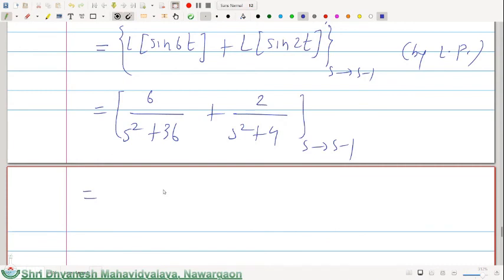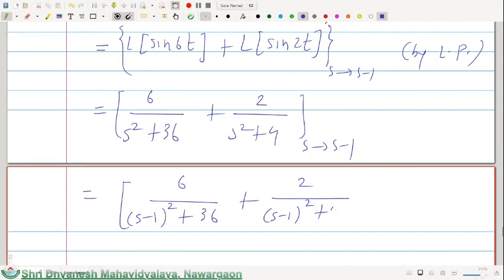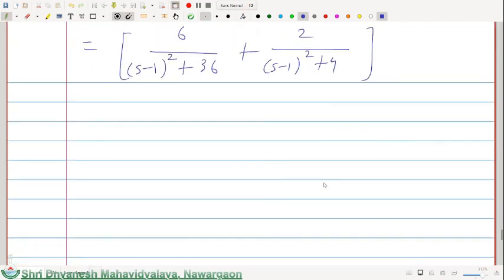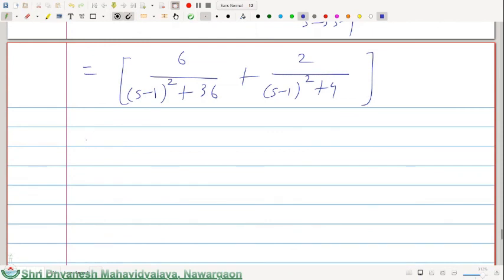So it is 6 upon s minus 1 whole square plus 36 plus 2 upon s minus 1 whole square plus 4. You can simplify this, or we can add these two fractions first.